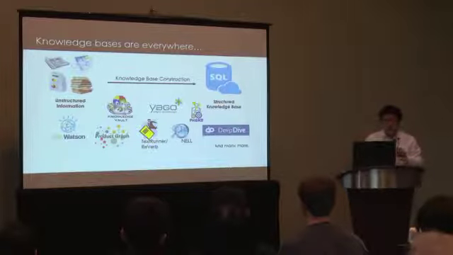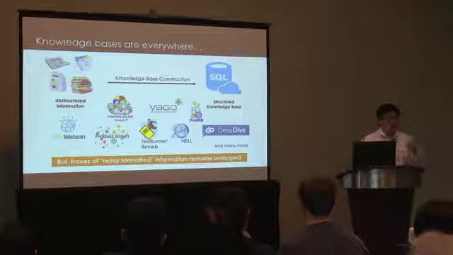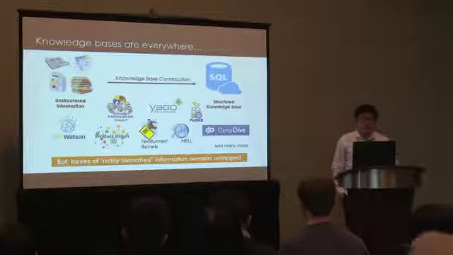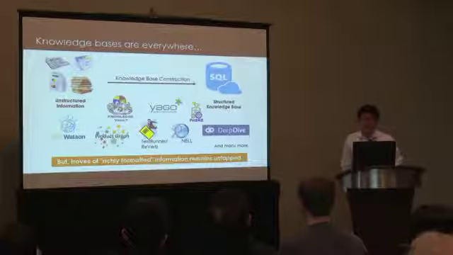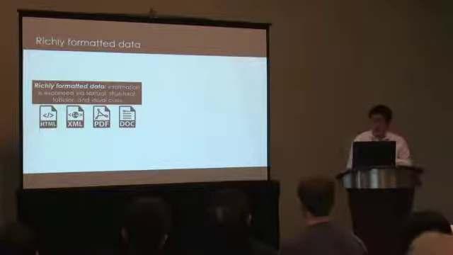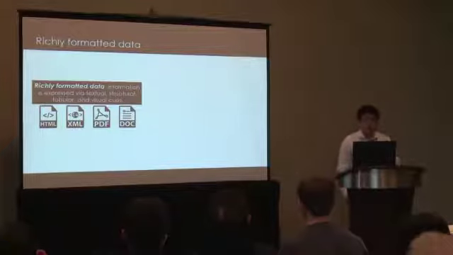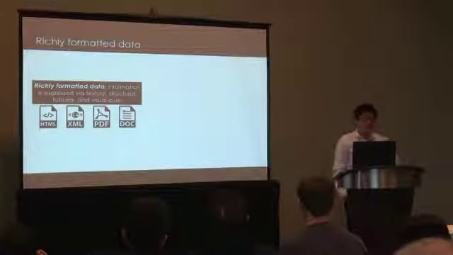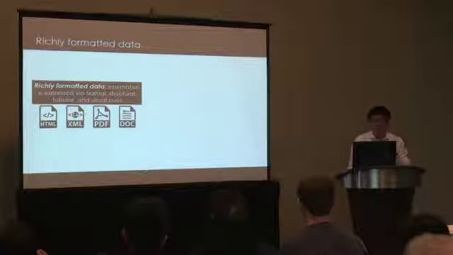Our goal is to build a knowledge base construction engine that targets this richly formatted data. More and more information is expressed as richly formatted data, where semantics are expressed not only via textual cues, but also from structural, tabular, and visual cues.